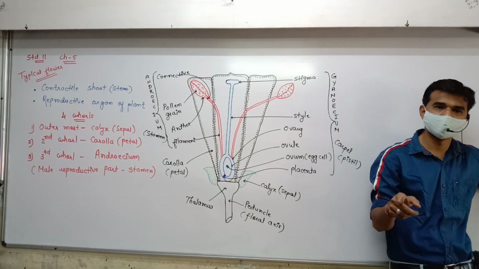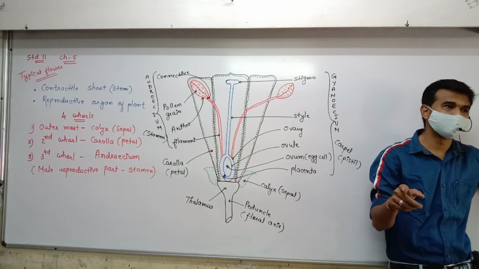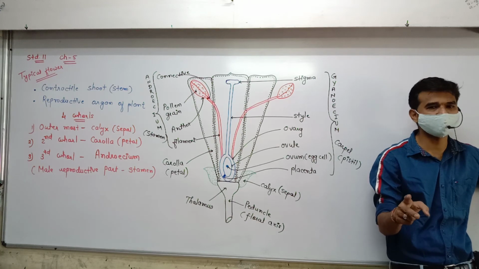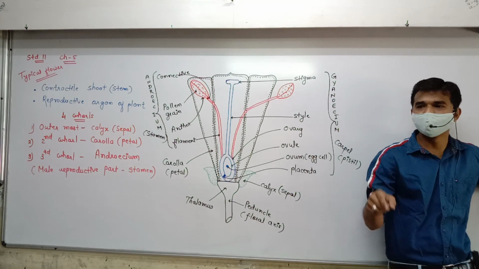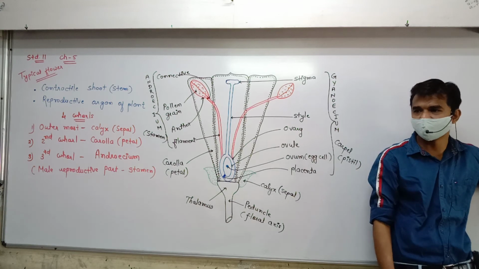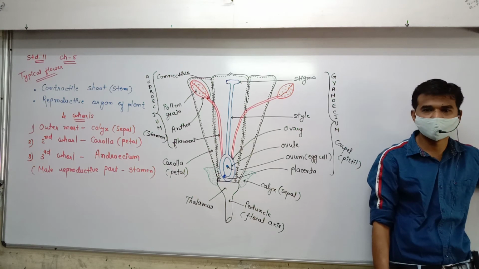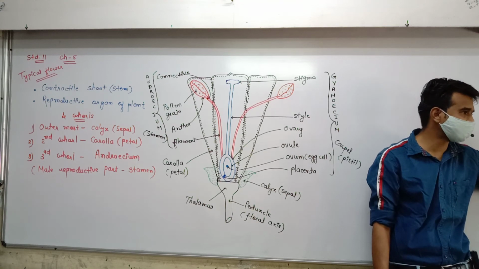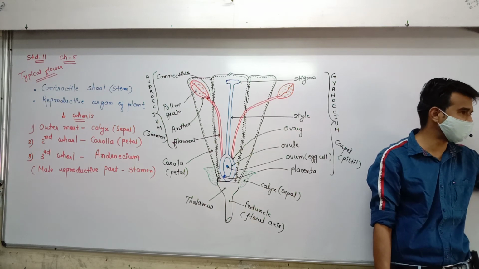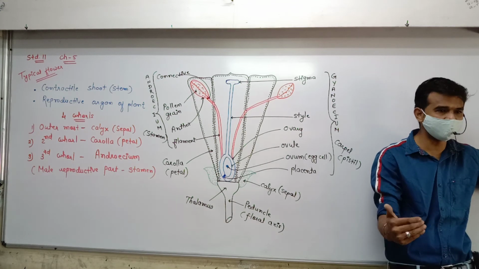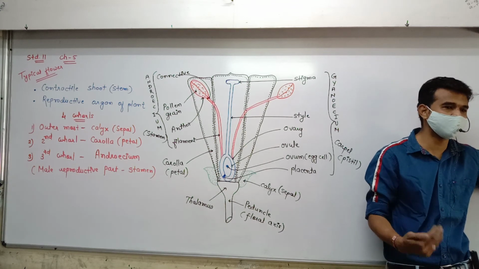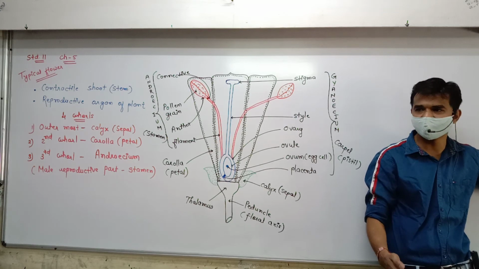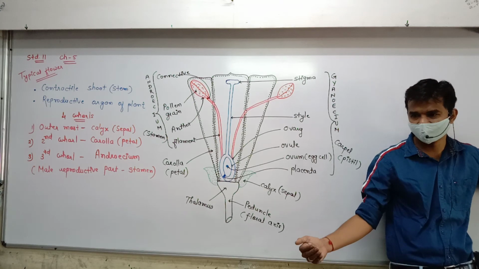If self-pollination occurs between two flowers of the same plant, mechanically it is cross-pollination. Why? Because to shift this pollen grain from one flower to another flower, we require a vector anyhow: either wind or water or insect or animal, whichever.